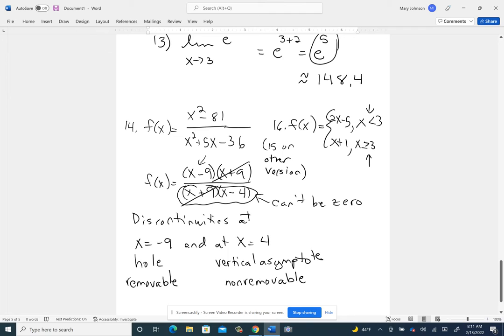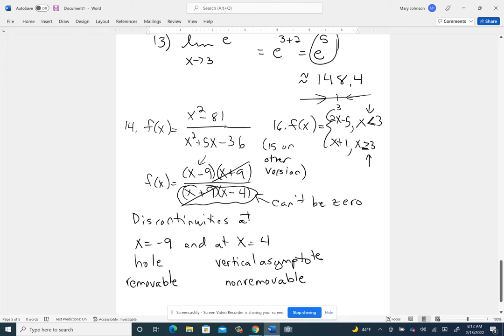When x is coming towards 3 from either the left or the right, if you were coming from the left, that top rule can only be used when x is less than 3, the top rule is used. When x is greater than 3 coming towards it, you would use the bottom rule, okay?